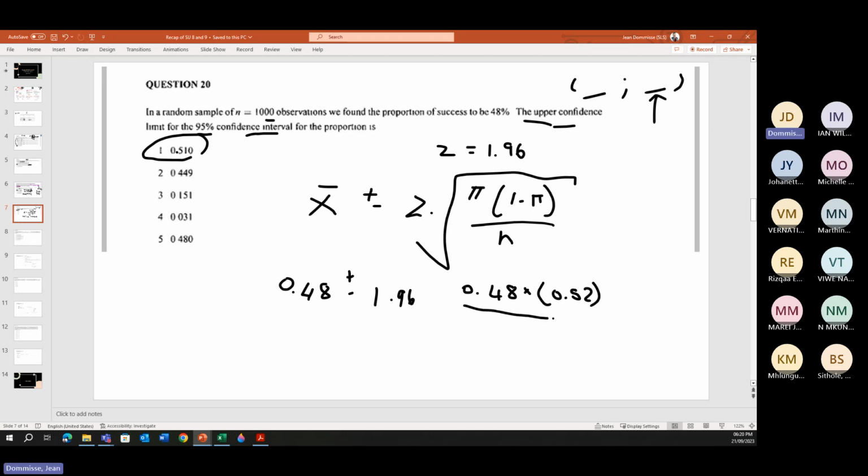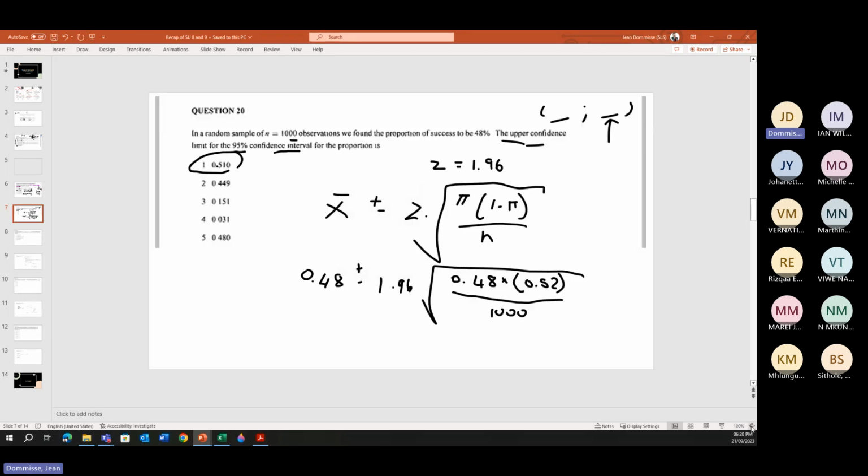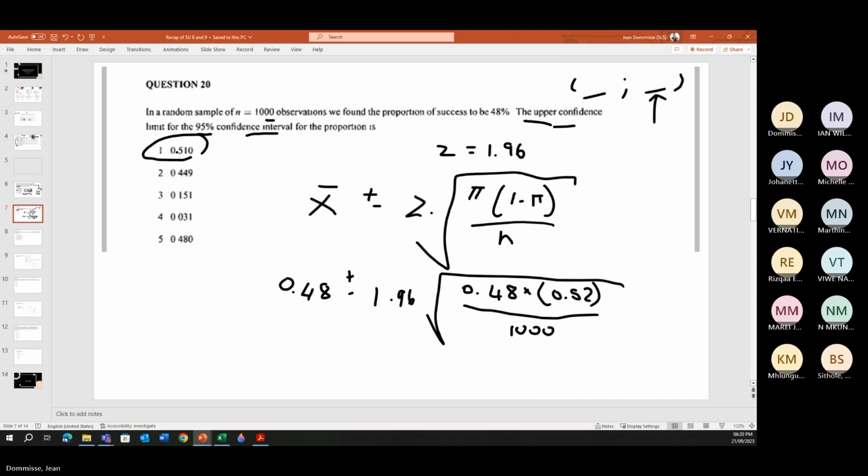It doesn't matter which option you want to use, whether Excel or a calculator, you will get exactly the same answer.